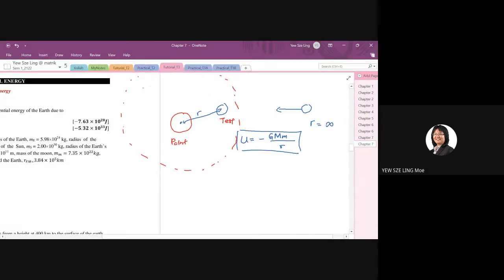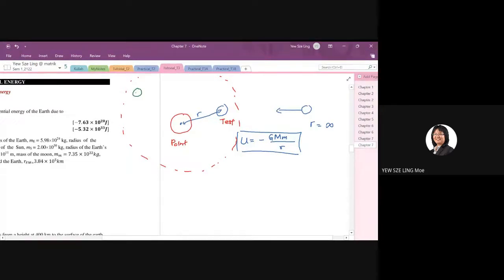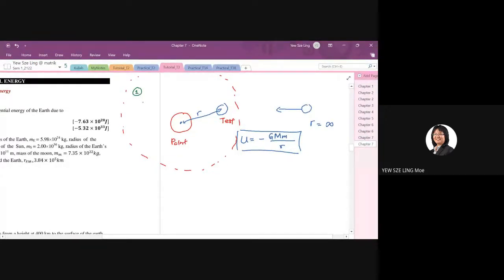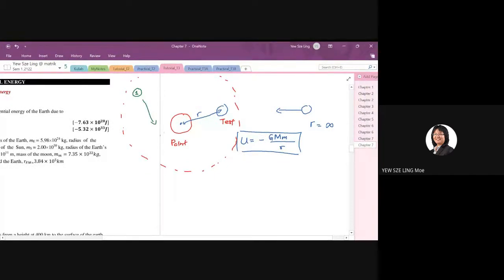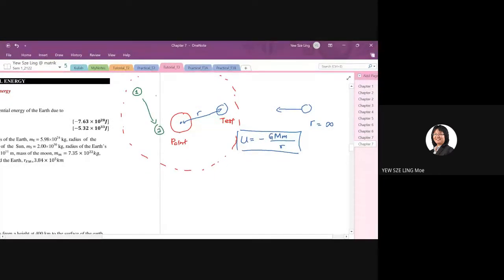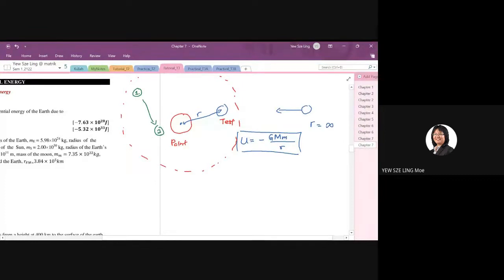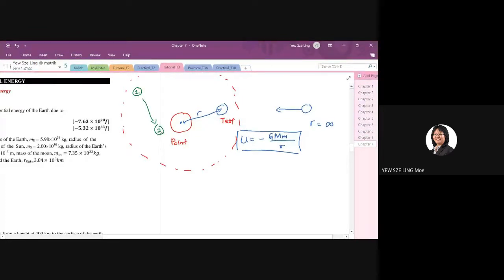Maybe the object is already in the field, at position 1, and you bring it to position 2. Then you have two gravitational potential energies: the work done to bring it from infinity to point 1, and from infinity to point 2, and then you subtract them.